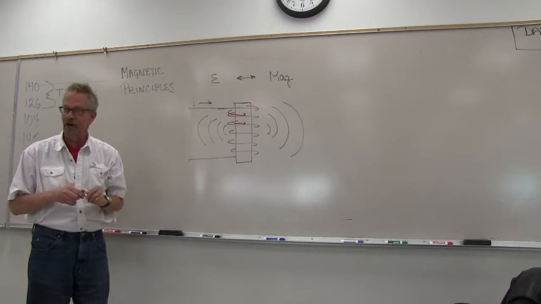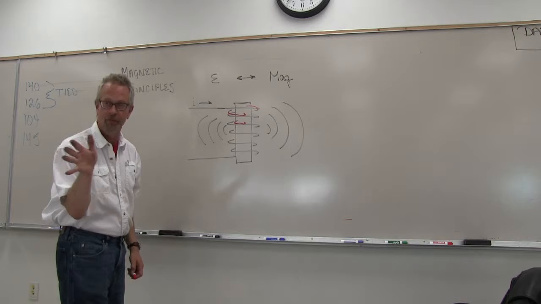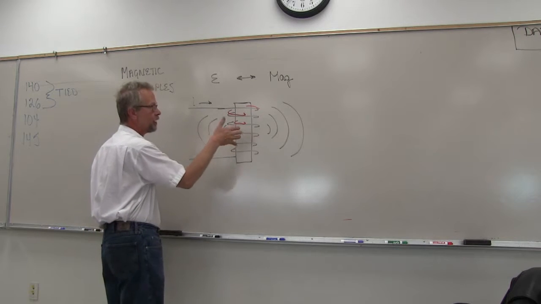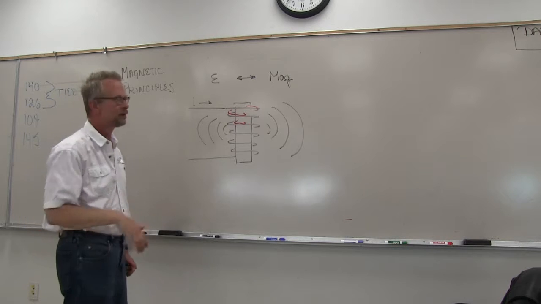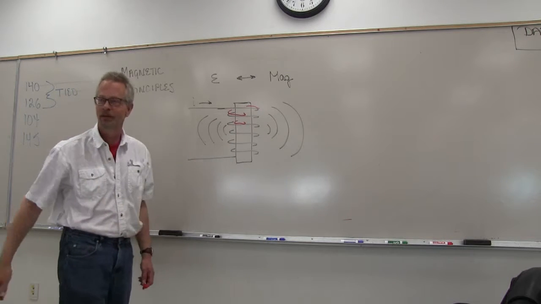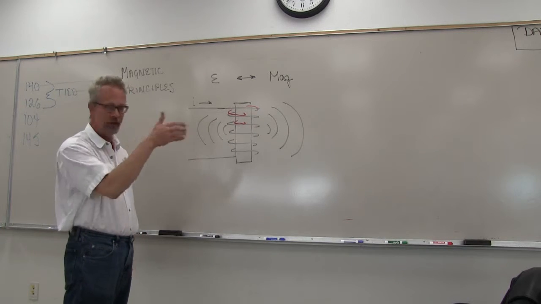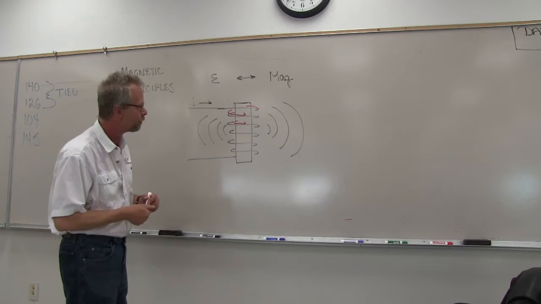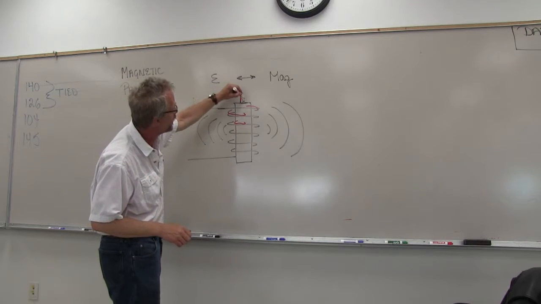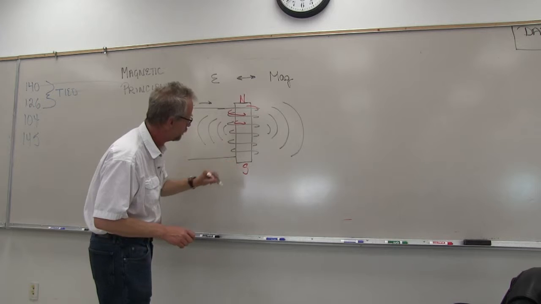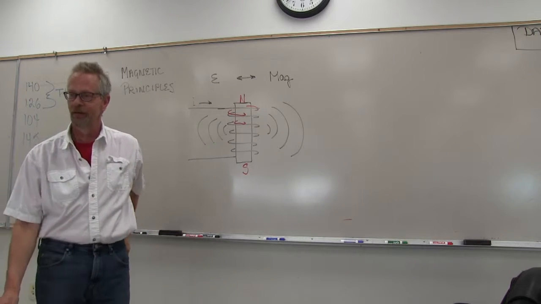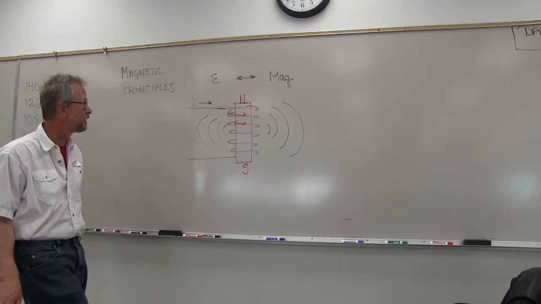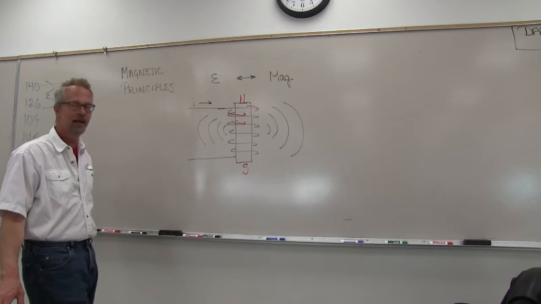If I were to take my fingers and wrap them around in the same direction that the current's flowing, my thumb would point to the North Pole. So what I've actually created is an electromagnet.